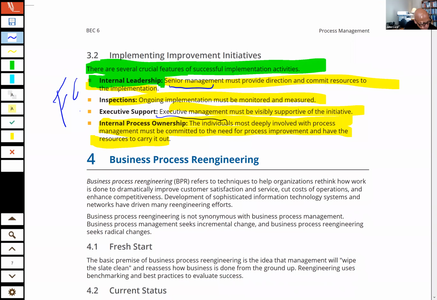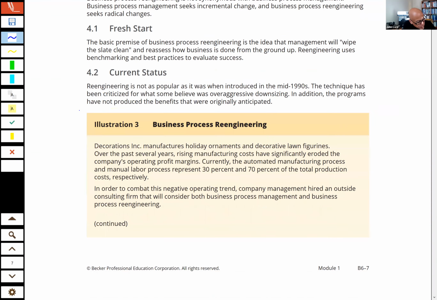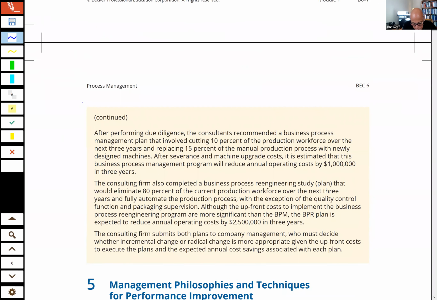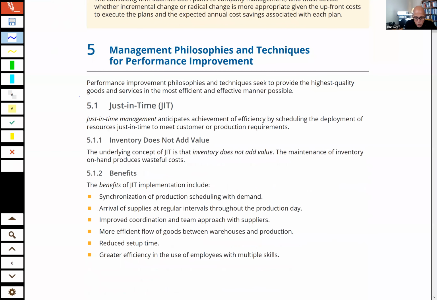Okay, let's come down and let's just take a look at the next page, okay? And let's just look at some management philosophy and techniques for process improvement. And so you can see right here is what I'm going to highlight, just in time.